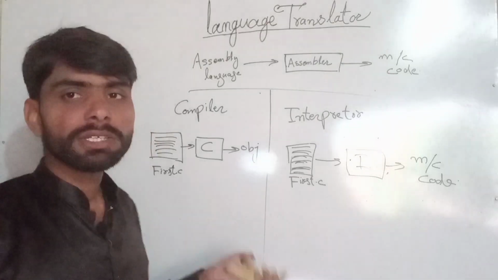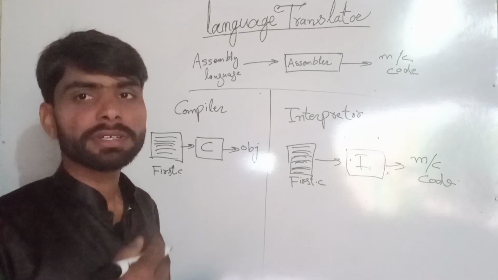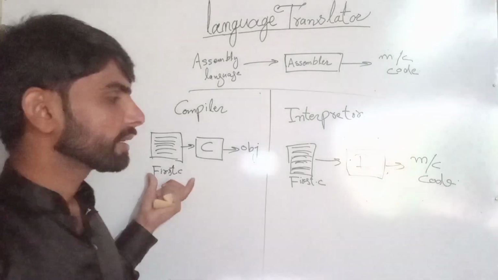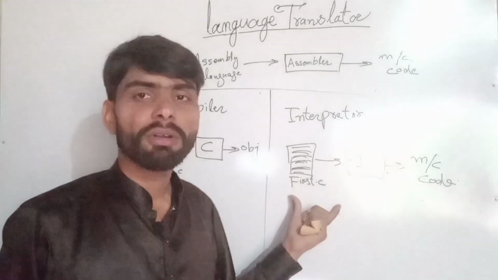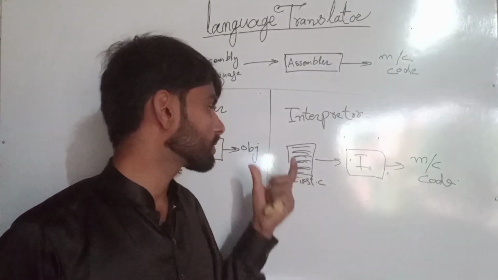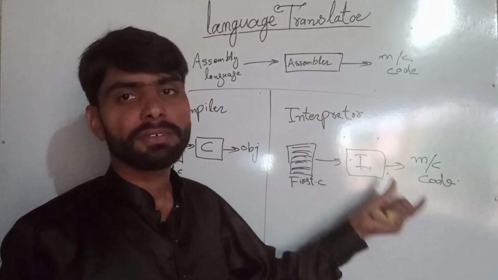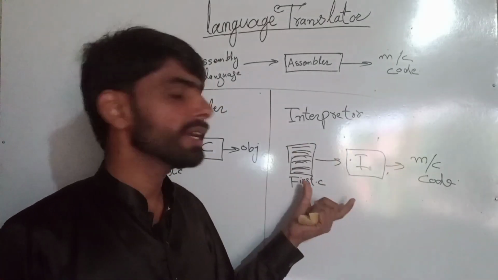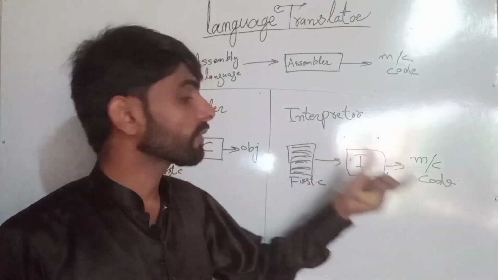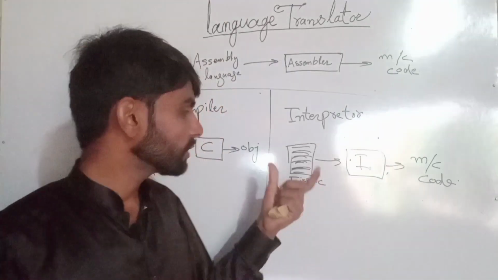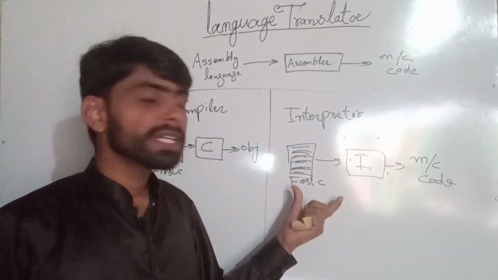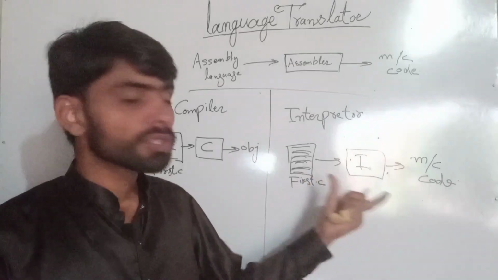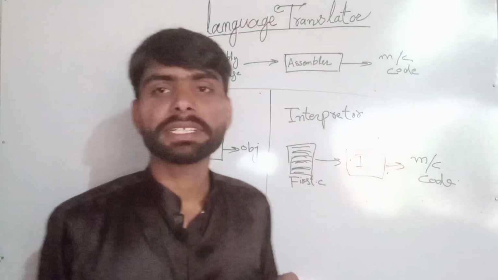So there is no need of source code. But in the interpreter case, source code is needed every time, because it takes one line and converts it into machine code, and then from the source code takes the second line and converts it. So it always needs the source code. This is the main difference.